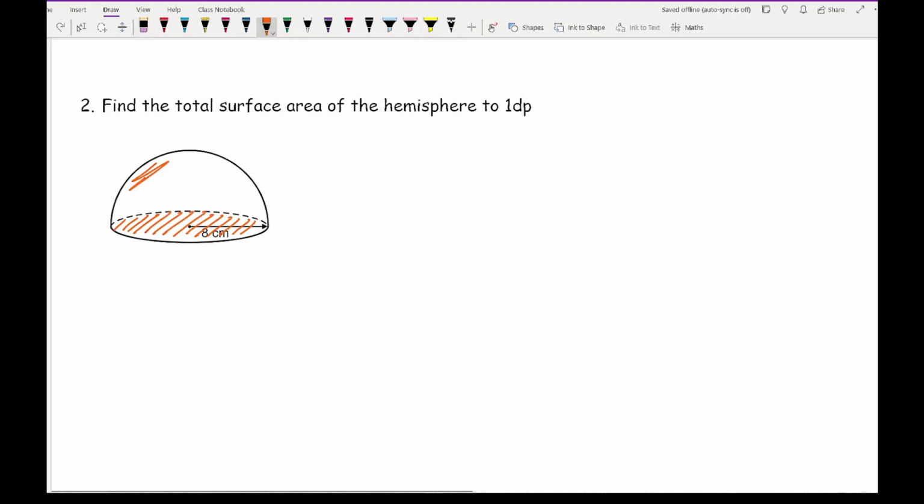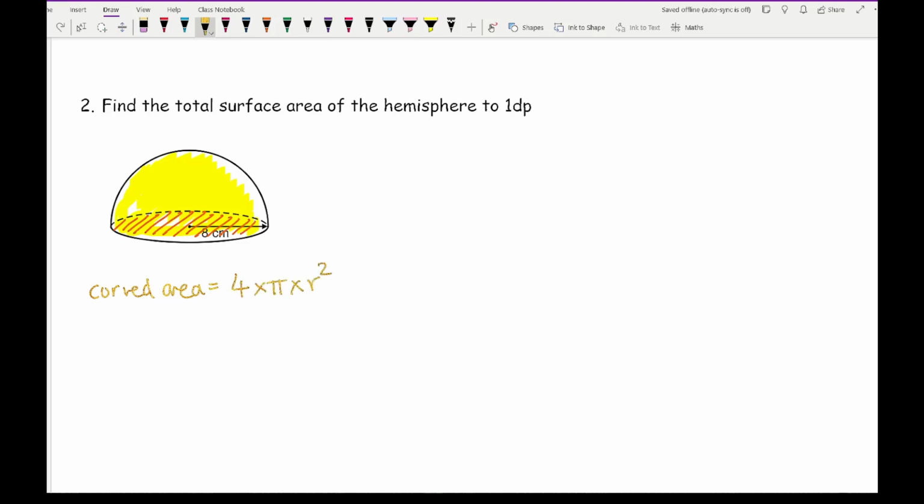Let me just highlight that. So we've got these two parts that we need to be mindful of. So if I work out the curved area, and if it was a full sphere, it would be 4 times pi times r squared.